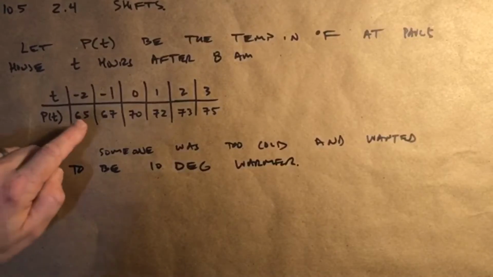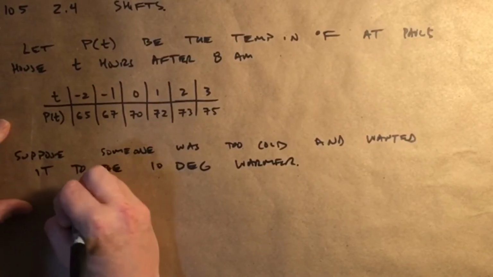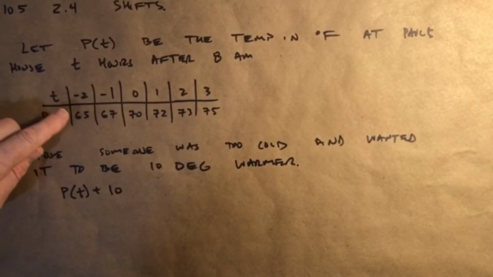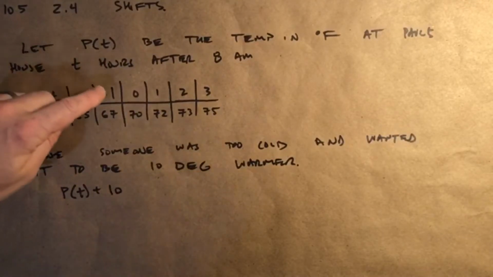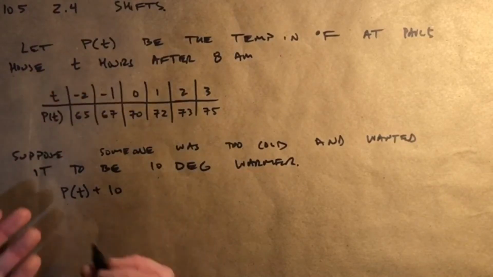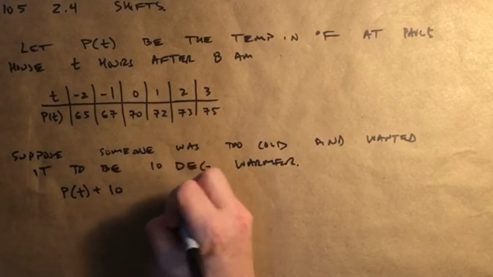Well, I'm certainly going to be adding to these Fahrenheits here. And so we'd be talking about P of T plus 10, that at 6 a.m. it would be 75 degrees. That at 7 a.m. it would be 77 degrees. At 8 a.m. it would be 80 degrees in this new function. And what we've done here is we have made an upshift.